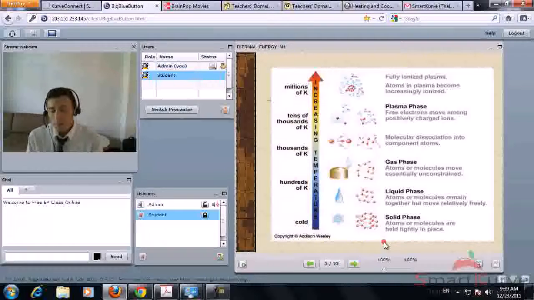But let's move up the scale right now. We know that as we have increasing thermal energy and increasing temperature, the molecules will move faster and faster until the crystal breaks down and the ice melts into a liquid. So we would say the ice melts into water.